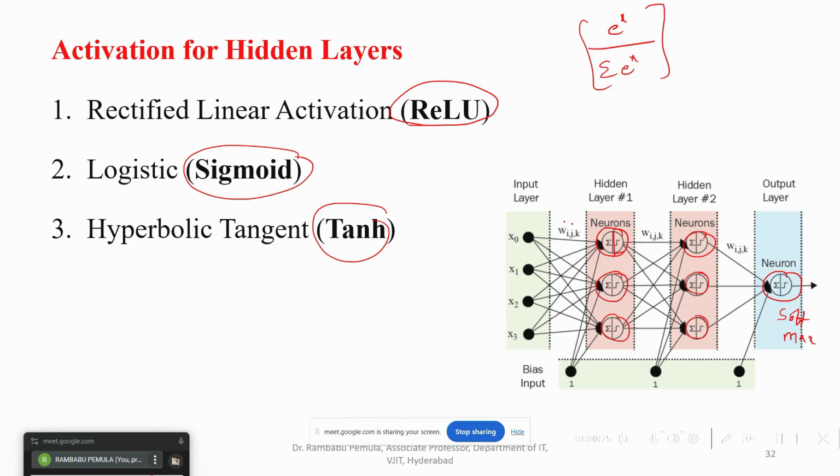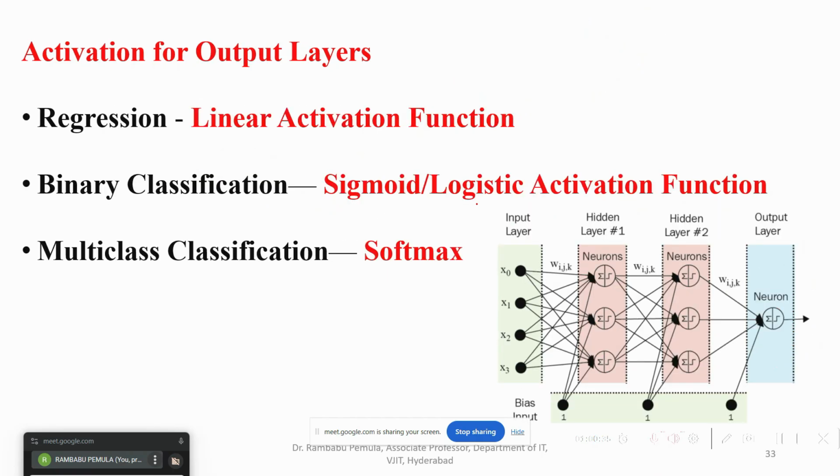For each neuron, we use either ReLU, Sigmoid, or Tanh. But coming to your output layer, suppose it is a regression problem, then we use the linear activation function in the output layer.